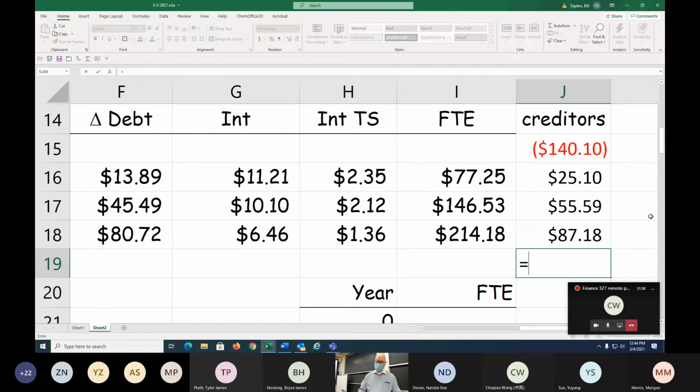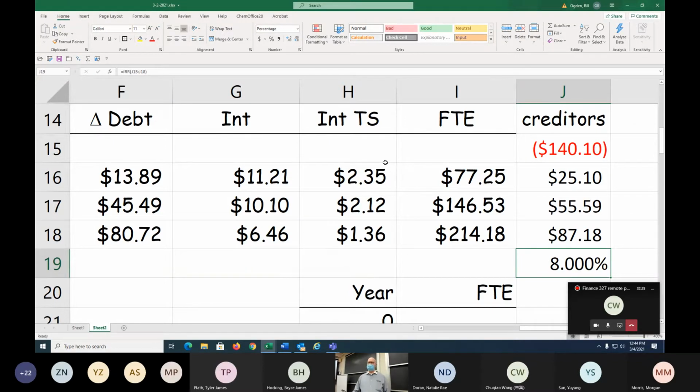Let's just see. So if I do the IRR on these cash flows, what do I get? Percent. What's 8%? That's RD, isn't it? So they earned their required rate of return on this, didn't they?